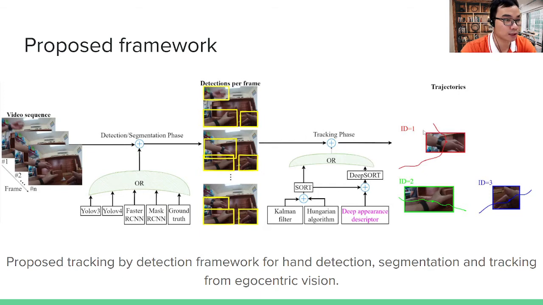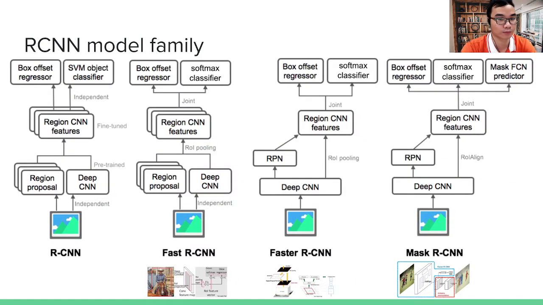After applying the algorithm, the hand's trajectory is presented. This picture presents the R-CNN model family, which is the main algorithm in the detection phase.